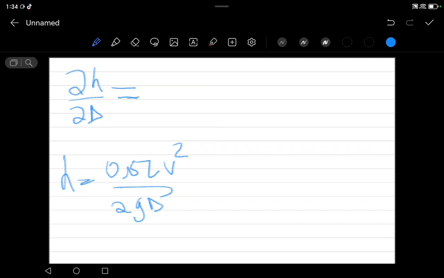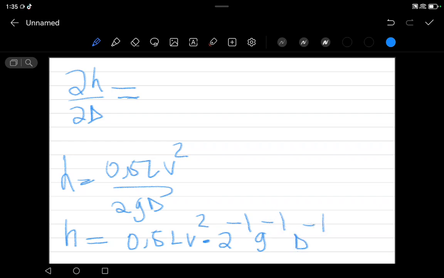Okay, it's fine. Remember, during the week, we took whatever is on the denominator to the numerator. So we can write our H as 0.5 LV squared times 2 to the power of negative 1, G to the power of negative 1, D to the power of negative 1.